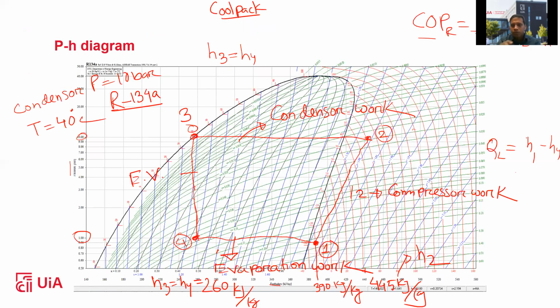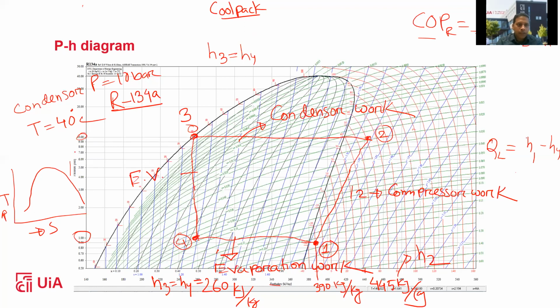Okay, before I go to the next slide, this is the pH diagram, just to show you how the diagram would work for the refrigeration cycle. If you consider this as temperature, and this as entropy S, then this is how we normally work.